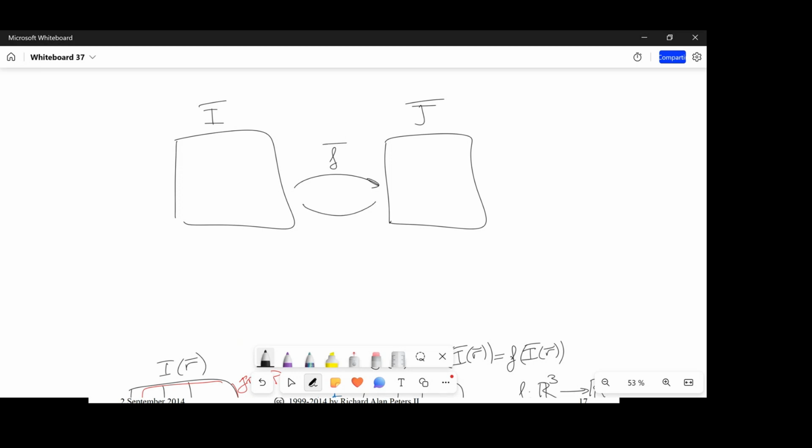Now, can I recover the input? Have I lost information? If I cannot recover it, that means that this transformation has lost information. If I can recover it, having it in this way or in this way, I don't care. It's exactly the same information. I can go from one to the other. So if it can be inverted, I don't care in which way it is. If it cannot be inverted, I have lost information.